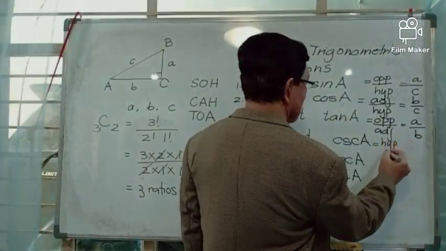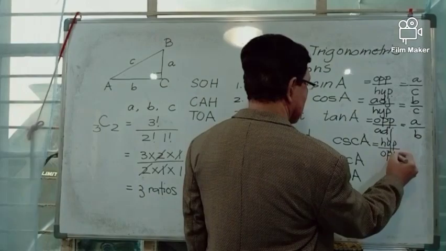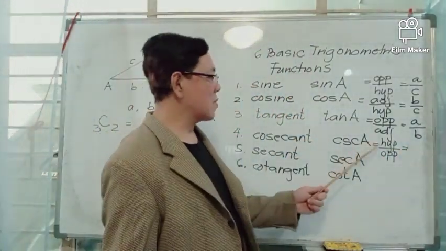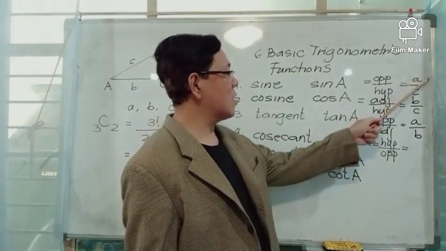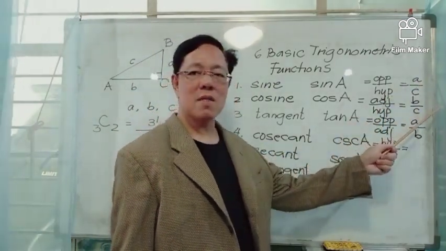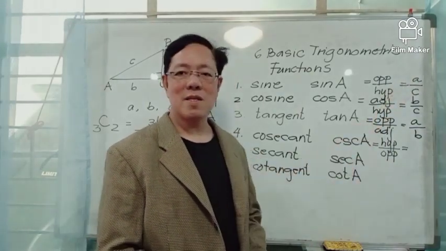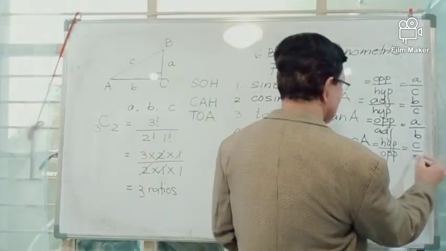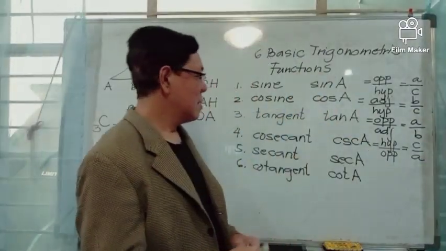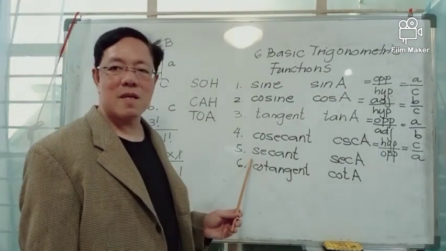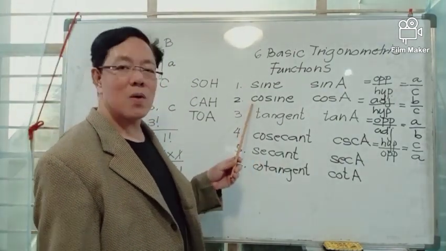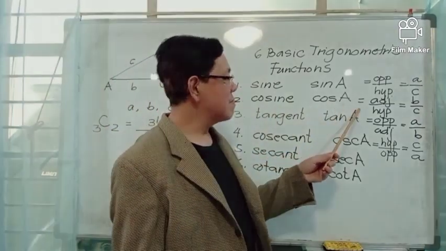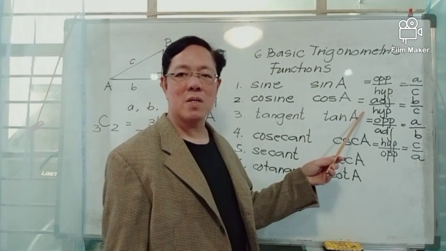Hypotenuse over opposite. And the ratio hypotenuse over opposite is equal to the ratio of c over a, which is c over a. As I said earlier, secant is the reciprocal of cosine. And the cosine of the acute angle A is the ratio of the adjacent to the hypotenuse.